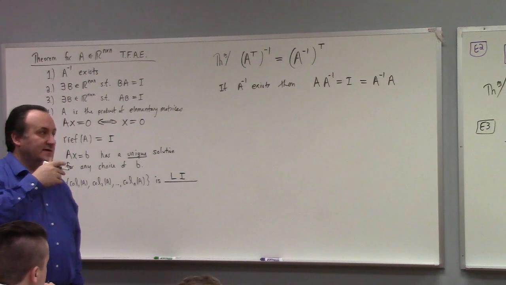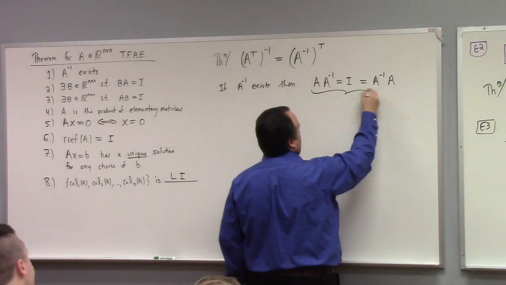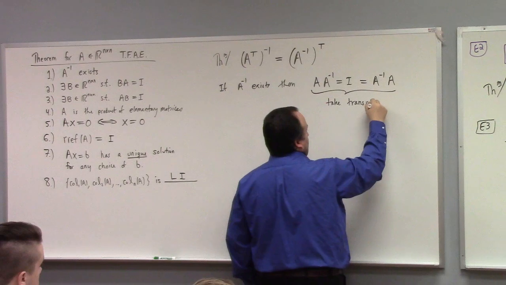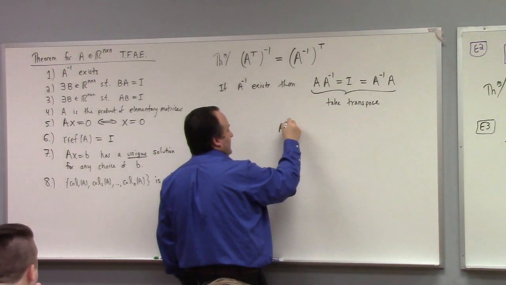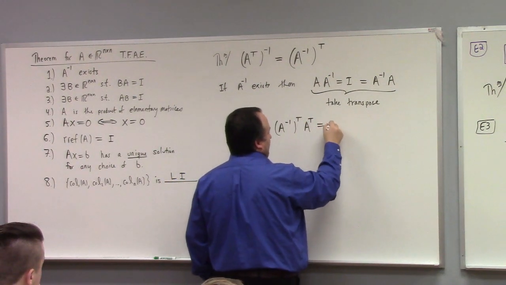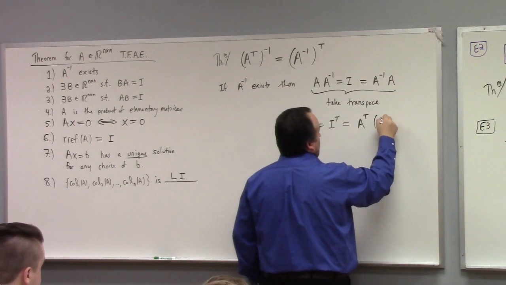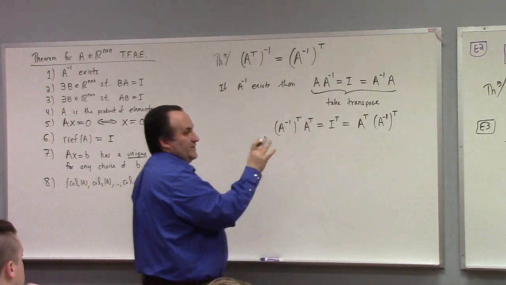How about we just take this equation which we're given and transpose it, right? If we do that, that will give us what? A inverse transpose, A transpose is equal to I transpose is equal to A transpose, A inverse transpose. I may not need both of them, I'm just writing them both down. Why did the order of the letters swap?